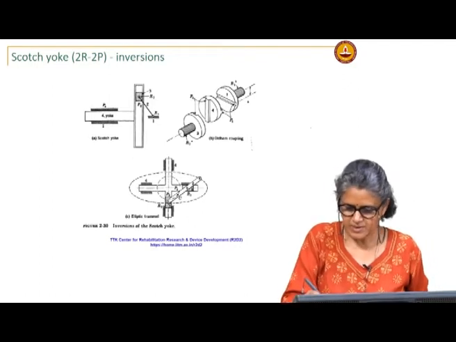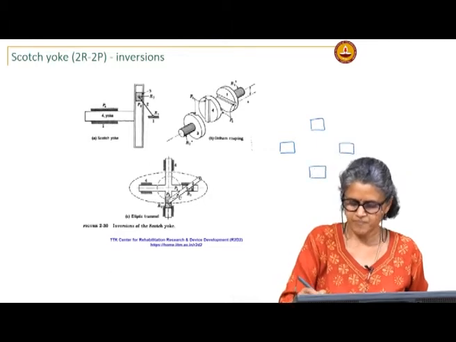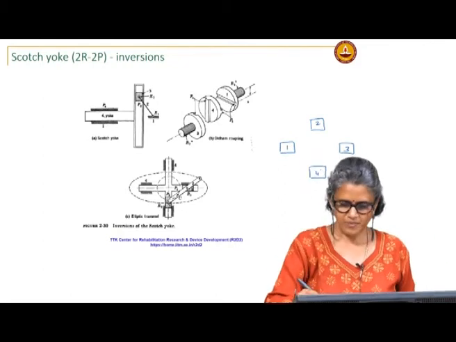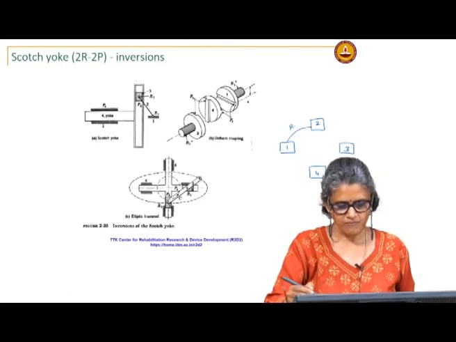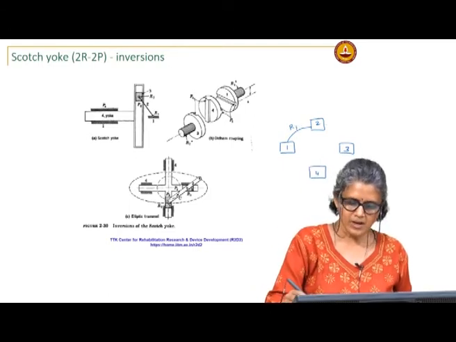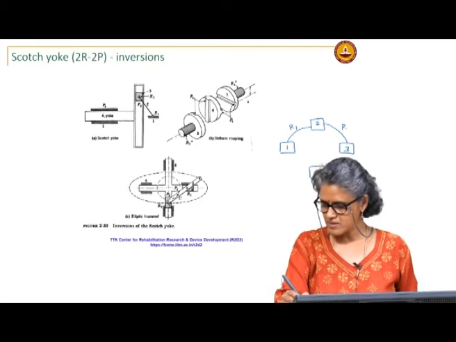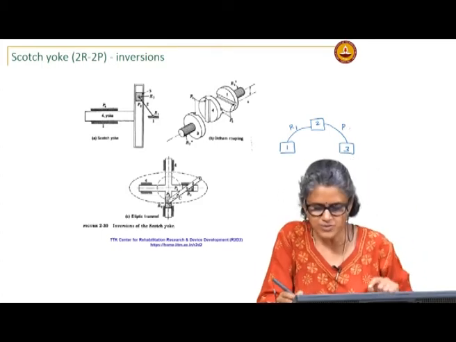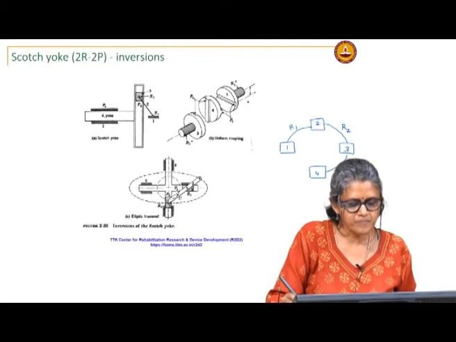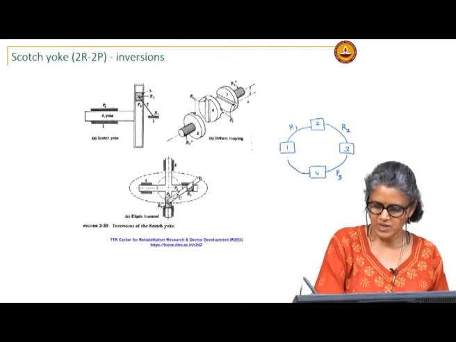So, if I have links 1, 2, 3 and 4, the joint between 1 and 2 is R1, between 2 and 3 is the second revolute, R2, between 3 and 4 is a prismatic joint, and between 1 and 4 is also prismatic. So, this is the kinematic chain.